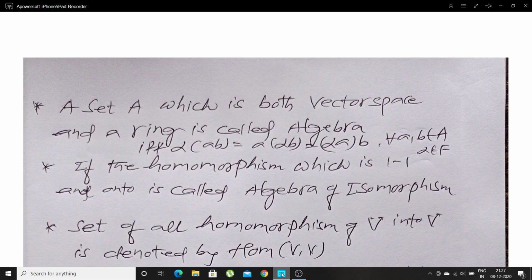The first key point related to computational linear algebra is algebra. A set which is both a vector space, and you know the definition of vector space, as well as a ring is called an algebra. Let me repeat.